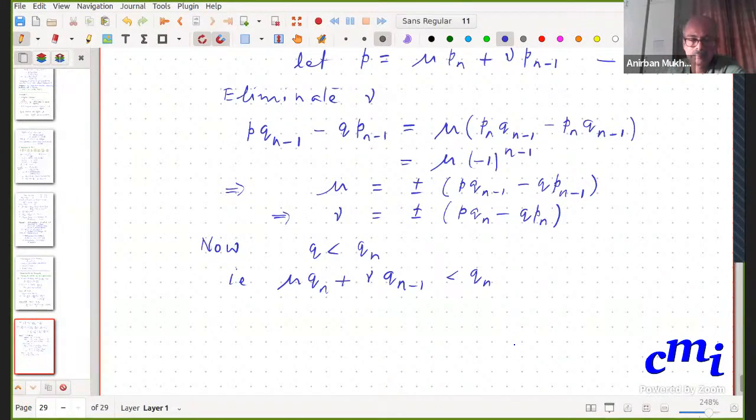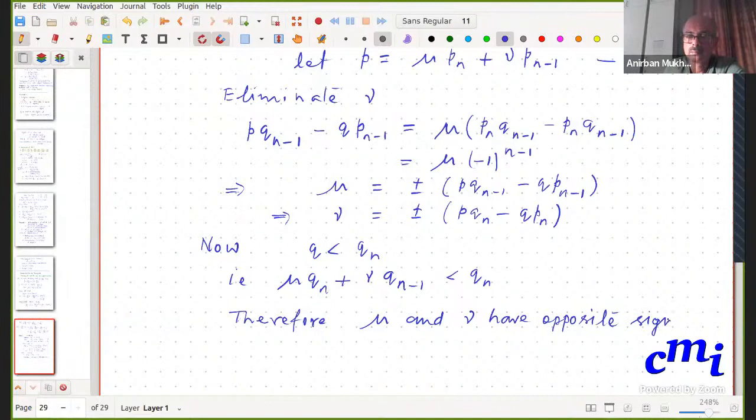They cannot add up. So they have to have opposite signs.